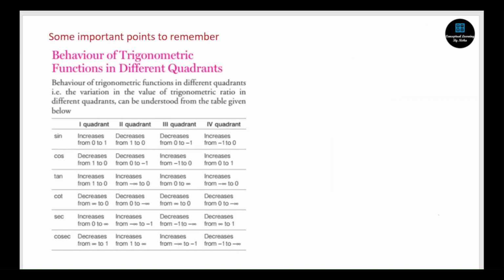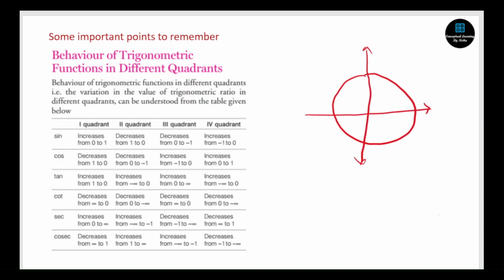Alright. Now behavior of trigonometric function. So if you see here, again let me just explain you with this unit circle. Very easy to understand. Now 0, pi by 2, pi, 3 pi by 2, or I can say 0, 90 degree, 180 degree, 270 and 360.